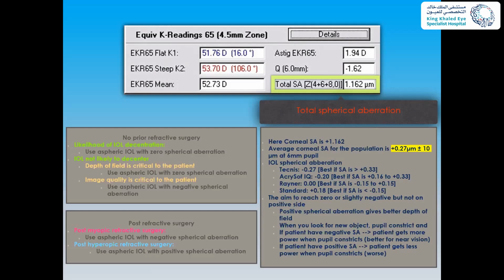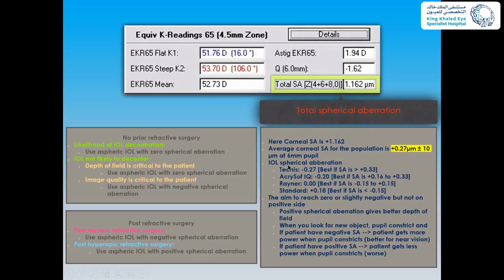So these are two different things, although the numbers are similar; asphericity was also something like that, but it was minus 0.27. But spherical aberration is an aberration, like defocus. So the average corneal spherical aberration is 0.27. So this is a lot higher, so this is quite an aberrated cornea.